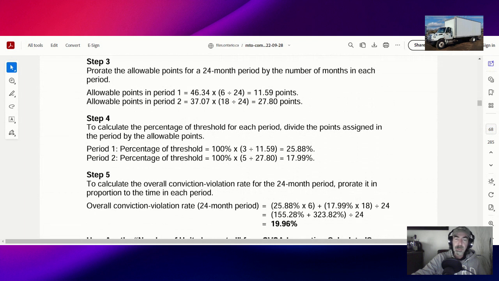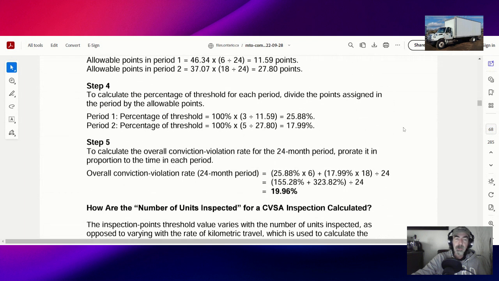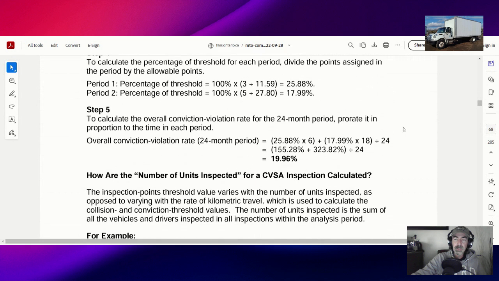To calculate the percentage of threshold for each period, divide the points assigned in the period by the allowable points. Again, 100% (3 divided by 11.59) equals 25.88%. 100% times (5 divided by 27.8) equals 17.99%.